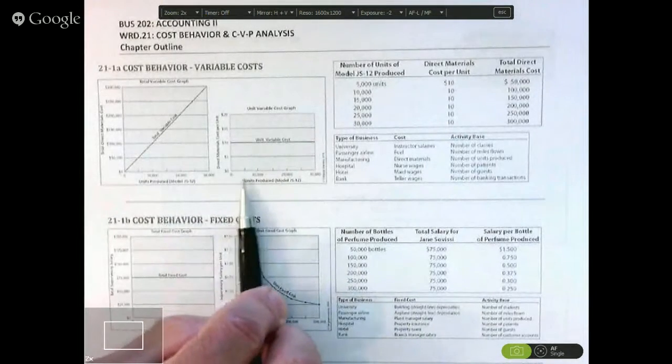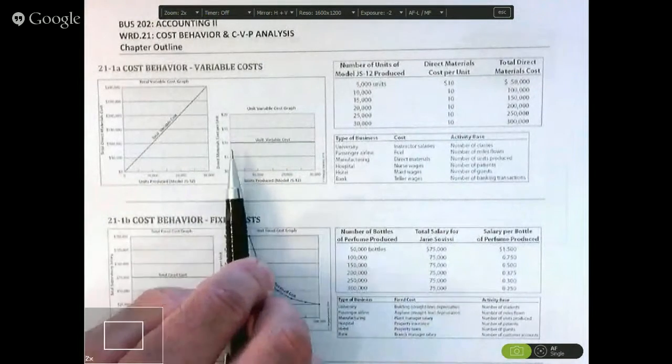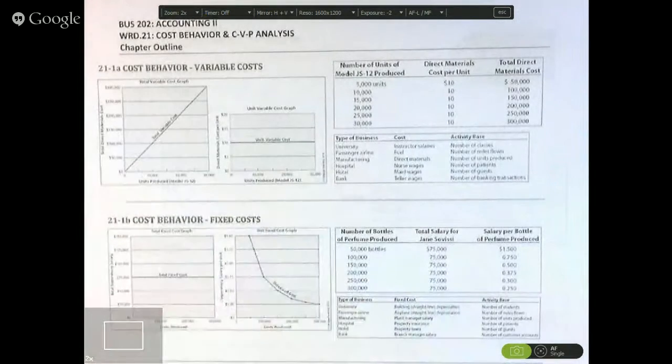So regardless of the volume that we produced, the unit cost for variable cost stays the same. That's useful for planning purposes because regardless of the number of units that are made, variable cost per unit will be the same. Now let's contrast that to fixed costs. Fixed costs are fixed with regard to the number of units made.